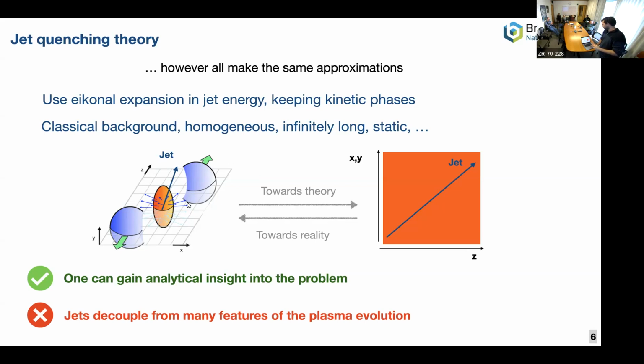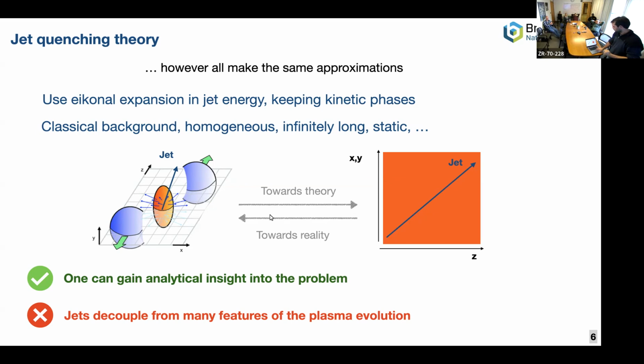So the point is that you go from a real event where the medium looks like an almond shape, so it's expanding and not expanding in the same way in all directions, and you shoot a jet through it, to this picture where the medium is just a brick that is fixed and not evolving, and you just evolve a particle through the medium.